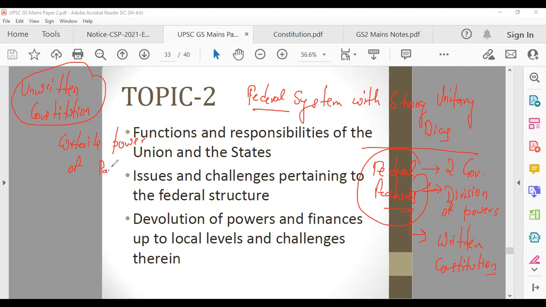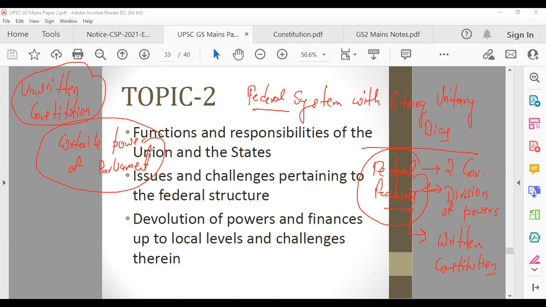It gives a sense of security to the states that whatever power is written in the constitution will be safeguarded to most of the extent. If there is no written constitution, parliament can make any law it wants to. They can take away the power of, let's say, Assam or Odisha, but a written constitution does not allow them to do that, which in a way safeguards the federal feature of our constitution. So a written constitution is a federal feature, and an unwritten constitution is a unitary feature.